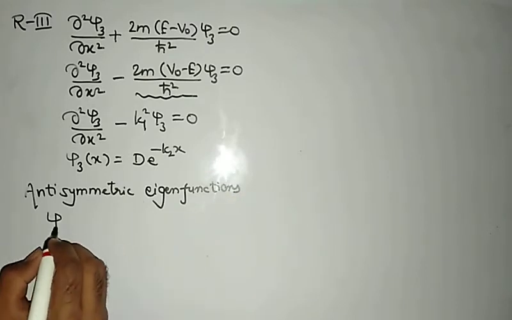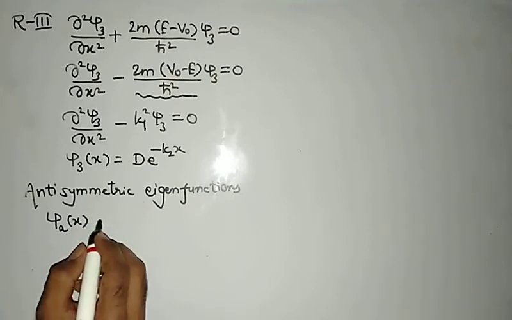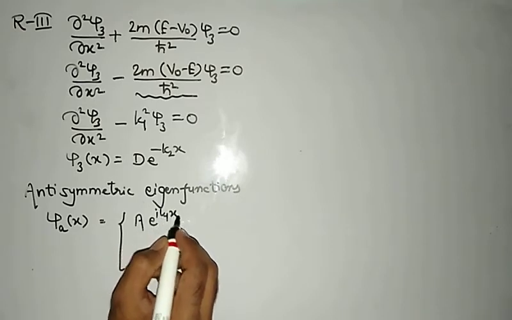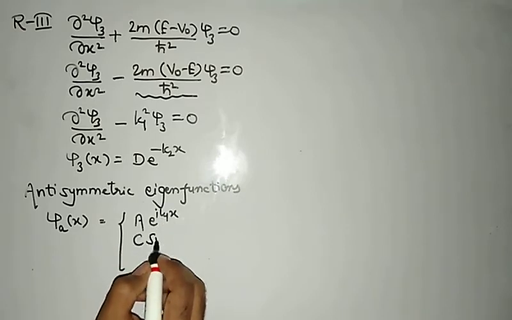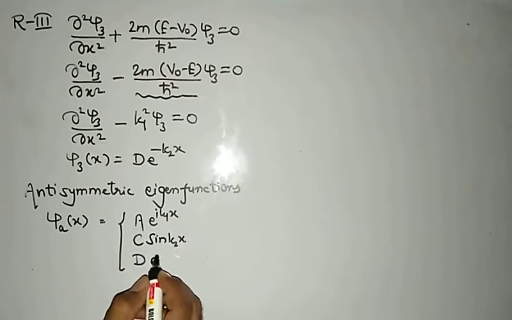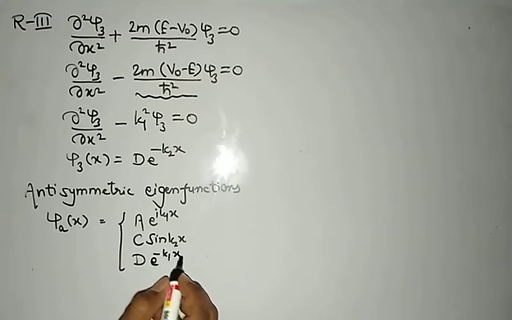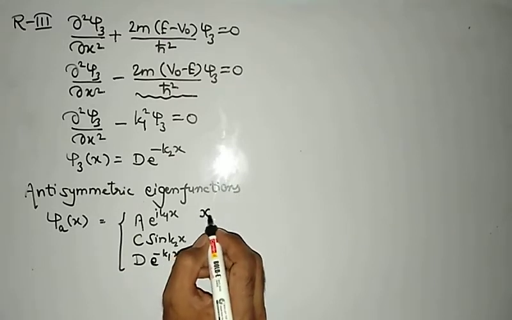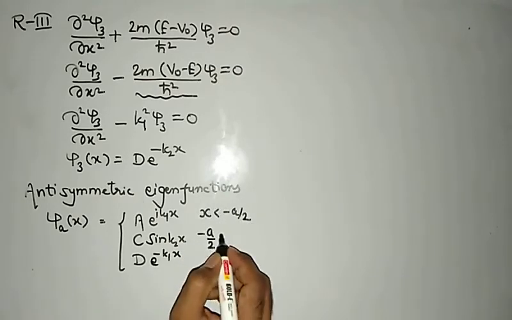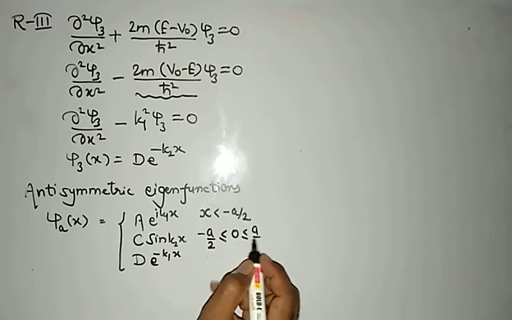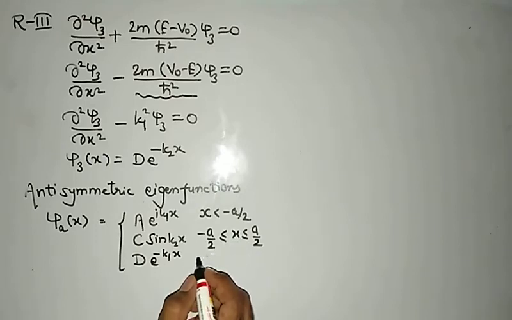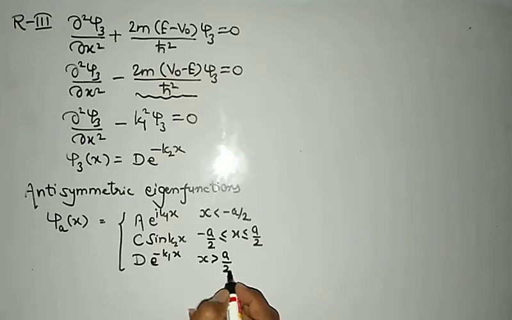This is psi ax: a e to the power k1x, c sin k2x, and d e to the power minus k1x. This is for minus a by 2 to a by 2, and this is for greater than a by 2.